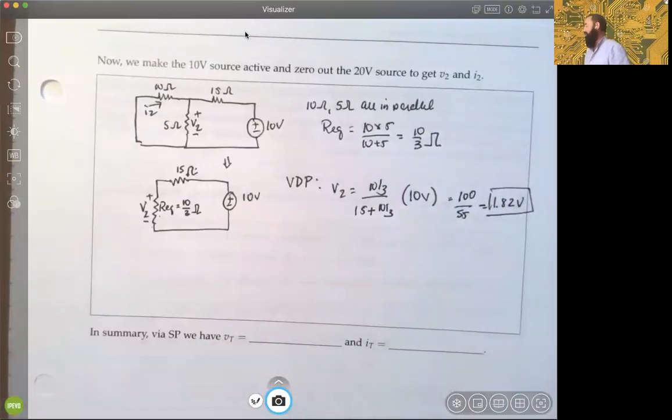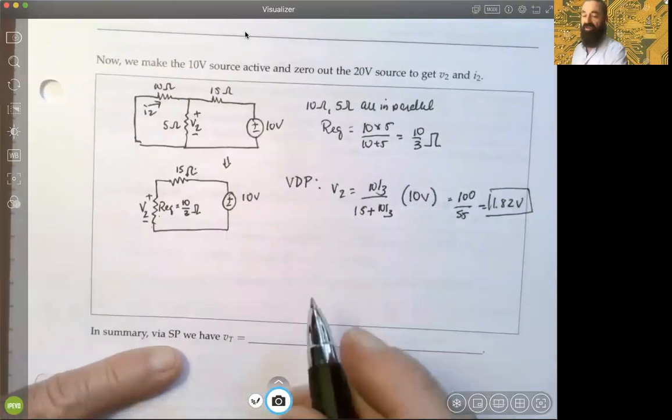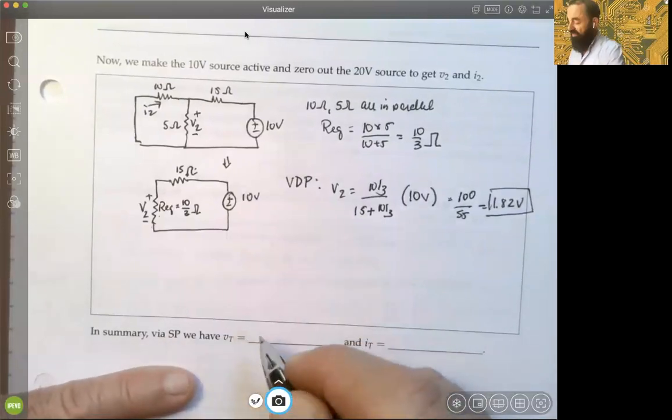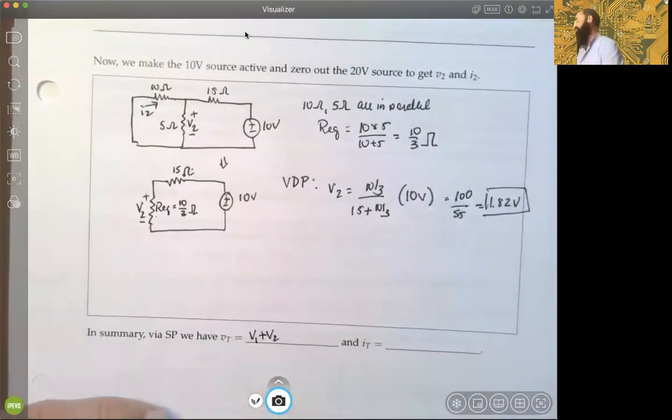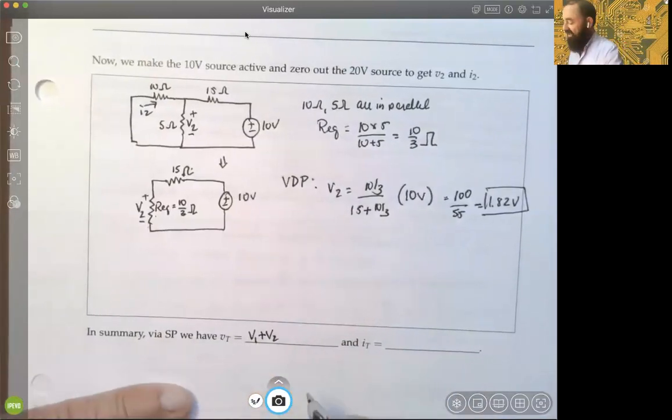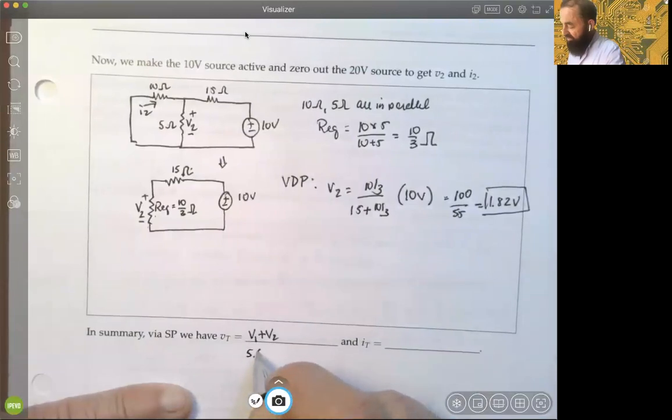We are, okay, almost done. We already have the answer for the first part. So we can go ahead and write this down here at the bottom. We know that the sum of the responses for that voltage through the 5 ohm resistance is 5.45 plus 1.82 volts.